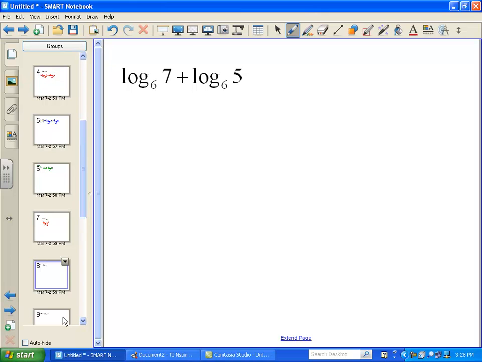The only time I added two exponents together is when I was multiplying the bases. So we're going to multiply those numbers. Multiplying numbers means add exponents. So log base 6 of 7 times 5. I really want you to get that step down and learn that, but we could also simplify that a step further and make that log base 6 of 35.